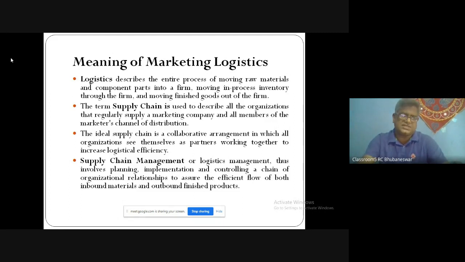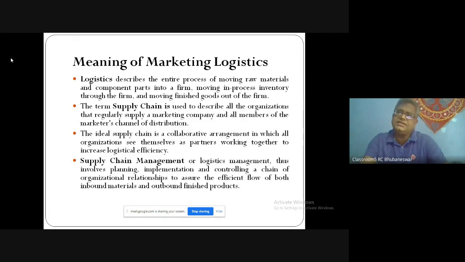That is procuring of raw material, that's called a supply chain, that's called supplying a marketing company to all members through the distribution channel, that is called logistics. Logistics is a type of process of moving raw material and component parts into the firm, through work in progress, and the finished product goes out from the particular firm.